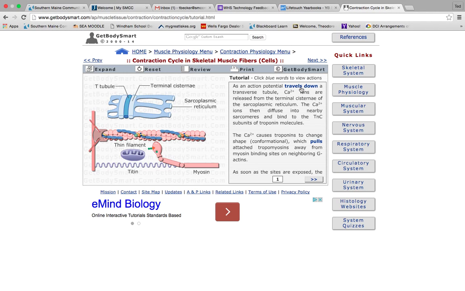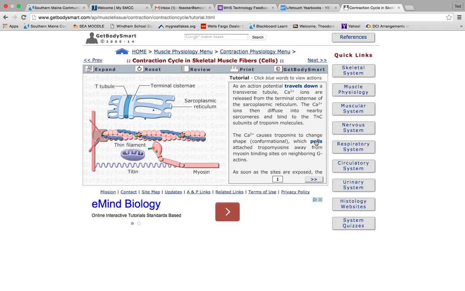Okay, so now we're picking this up where the action potential has gone down the T-tubules. Here's the terminal cisternae of the sarcoplasmic reticulum. This is where the calcium is going to be released from. So those little black dots, now notice that they're flowing right down here, and they're going to attach to TNC.